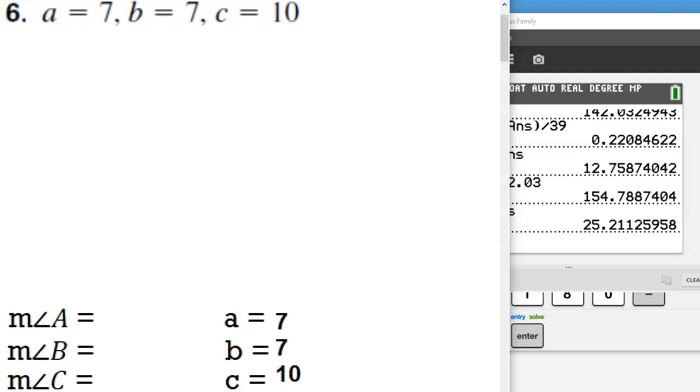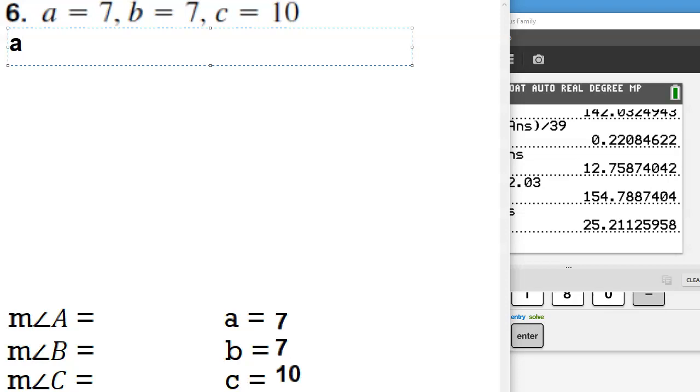All we have to do is the law of cosines one time. Because if we do it one time and we get one of the angles, the other two will take care of themselves. Okay, so it doesn't actually matter which one we solve for. Whenever we do the law of cosines, it doesn't really matter. So we can just do A again. It doesn't make any difference to me. So that's what we'll do.